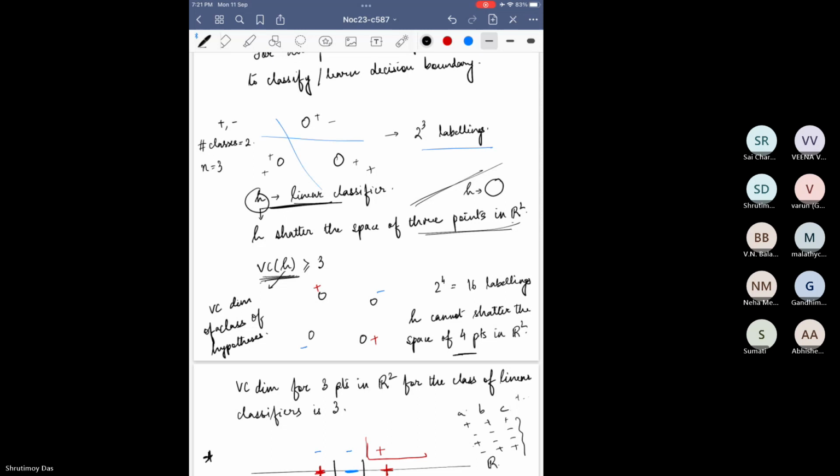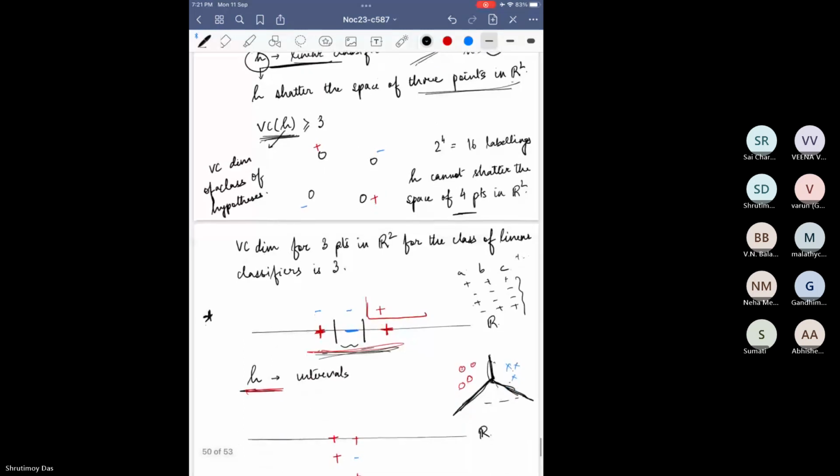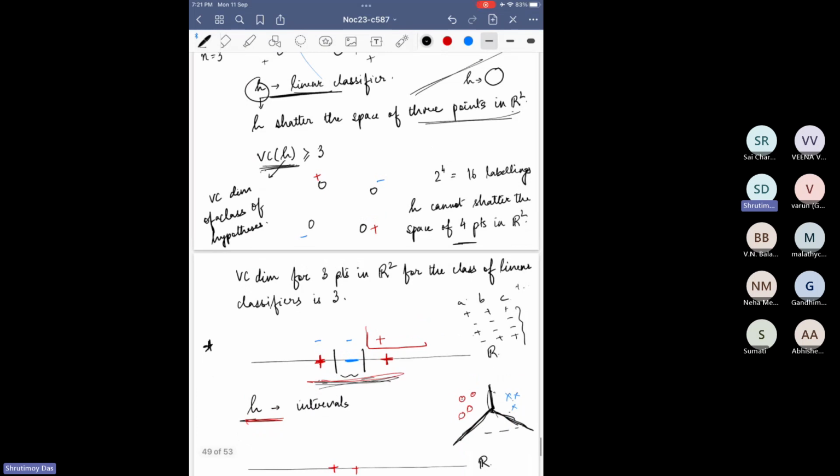That is why the VC dimension is much less than the number of instances that you have. The number of instances can be anything and any subset of the dataset. It is nothing but the number of examples, the number of training points that you have.